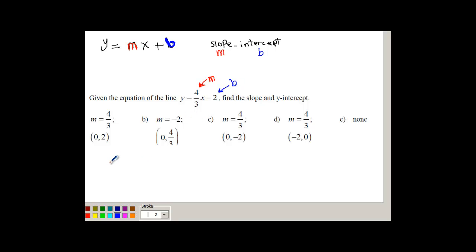So in this case, your slope, Victor, what is the slope and what is y-intercept then? The slope is 4/3, and the y-intercept is -2.